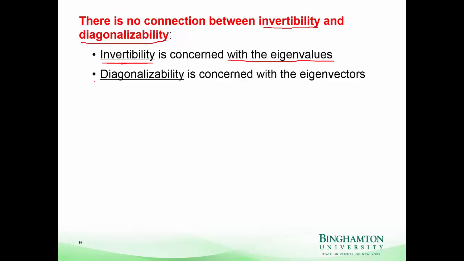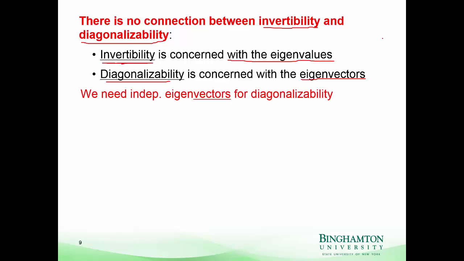And diagonalizability has to do with eigenvectors, whether I have enough. We saw in the previous example that I should have 2 eigenvectors, but I really only had 1, and so that was not enough to get n, in that case 2, linearly independent eigenvectors in order to diagonalize. So we need independent eigenvectors to get diagonalizable.